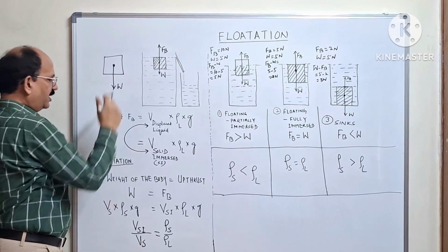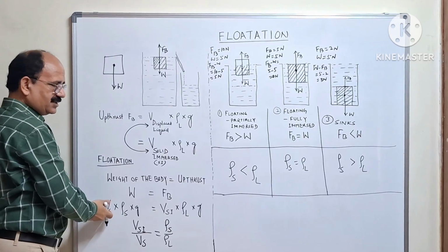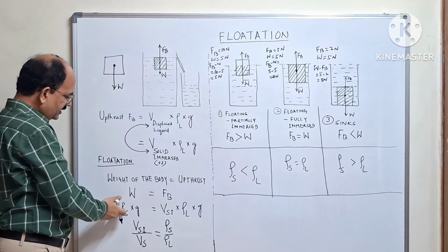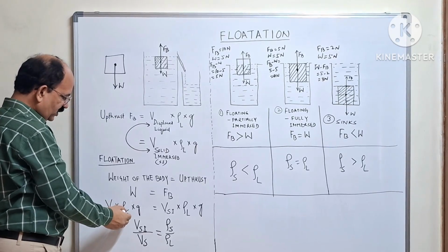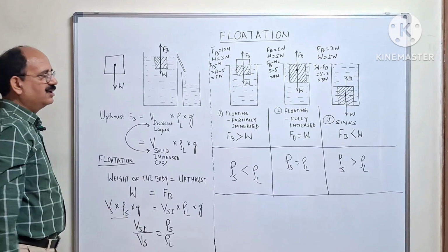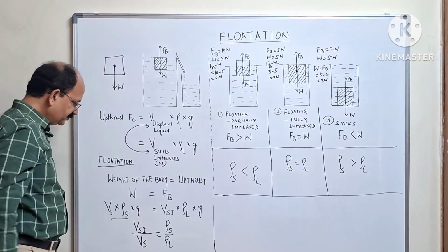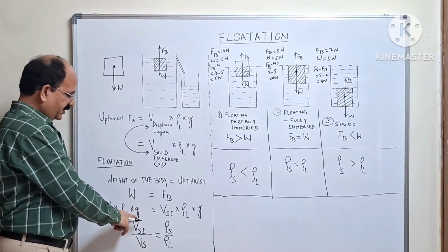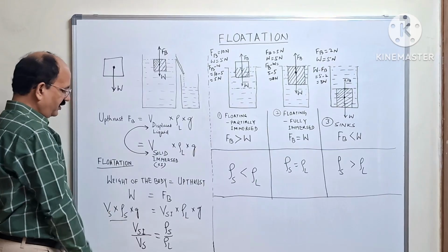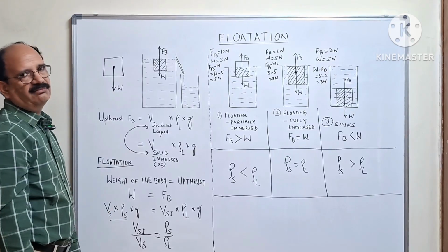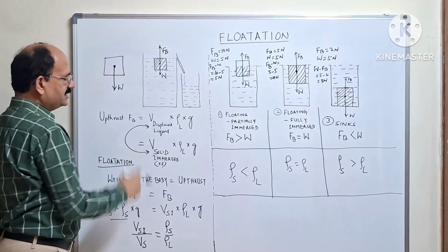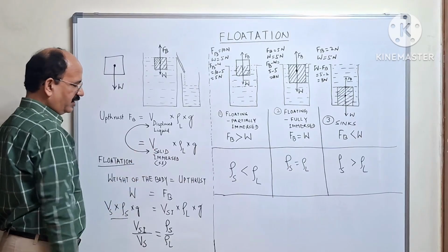If it is a solid object, let's consider the volume of the solid as Vs and the density of the solid as rho s. Then this will give you the mass of the solid object. Okay? If you multiply that by acceleration due to gravity, that will give you the weight of the body. And we know how upthrust is calculated, we have just found it out.